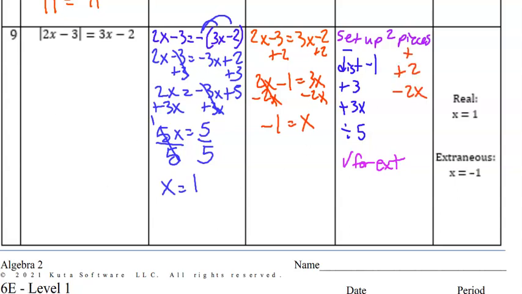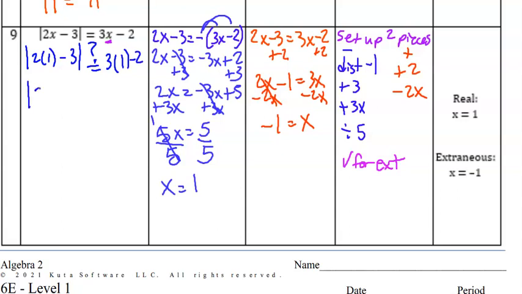Now notice that our isolated absolute value equation has a variable on the outside. That means you have to check for extraneous solutions. Let's first plug in our negative piece's solution, see if it's true or false. The absolute value of 2 times 1 minus 3 is equal to 3 times 1 minus 2.